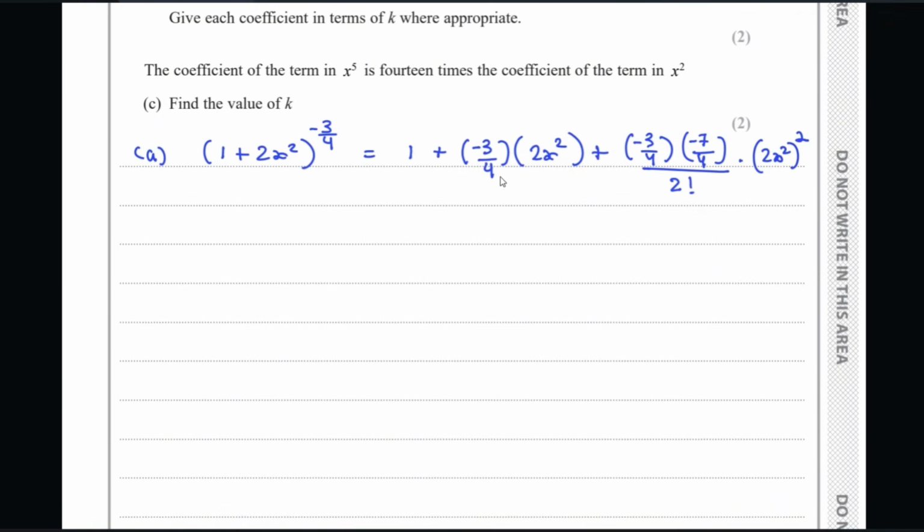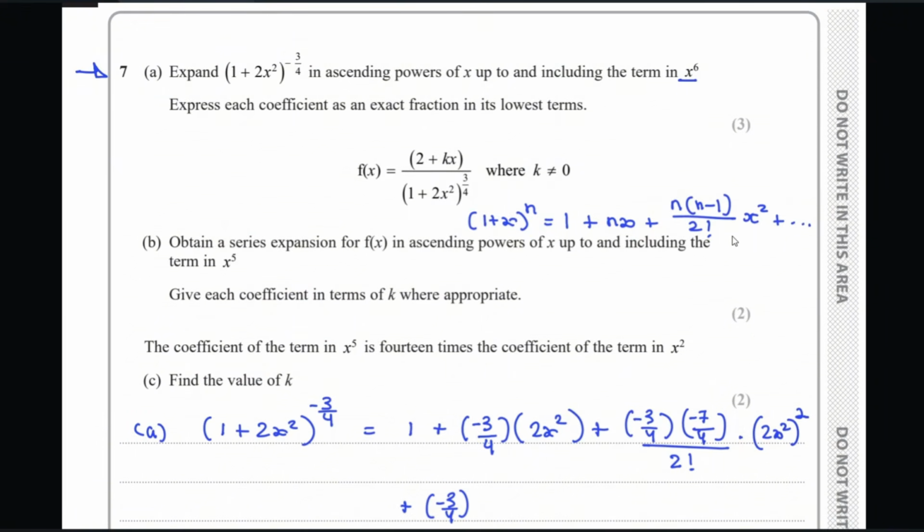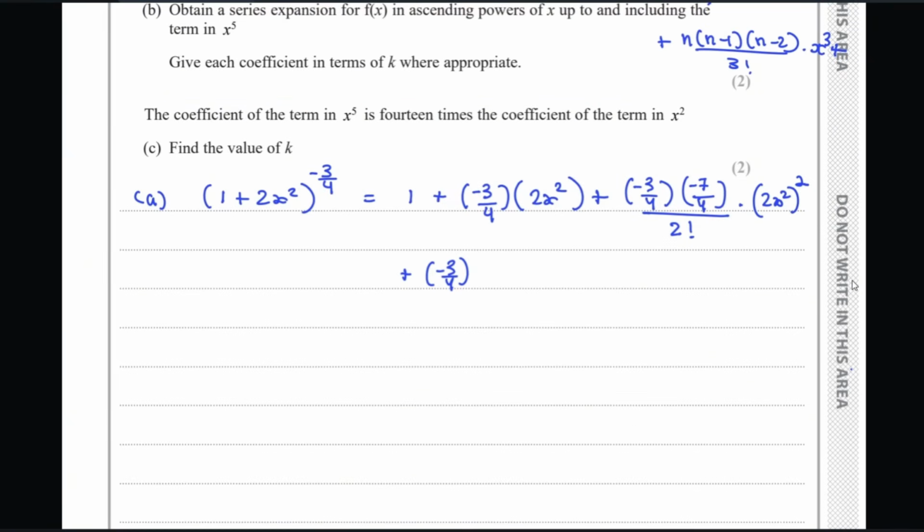So let's do that. The next term would be the third term, so plus n(n - 1)(n - 2) divided by 3 factorial times x³. n is -3/4, n - 1 would be -7/4, and n - 2, let's check, -3/4 minus 2 gives me -11/4. So n(n - 1)(n - 2) divided by 3 factorial, times (2x²)³.